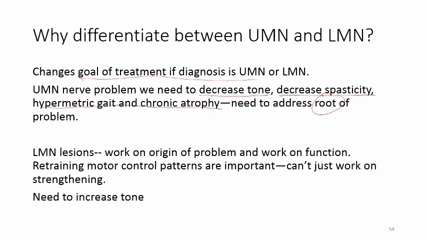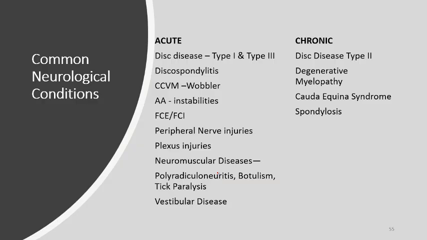So we have to address the root of the problem. Lower motor neurons, we need to work on the origin and work on function. So origin and function, we can't just work on strengthening with these guys. They have no motor control. So we have to regain our motor control patterns. And in general, lower motor neuron lesions are more difficult to treat than upper motor neuron.